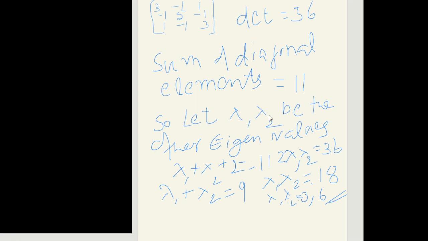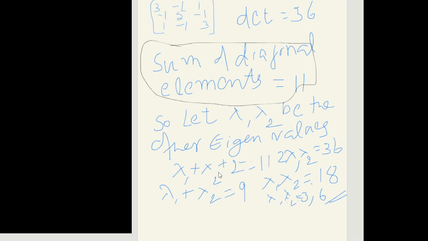We assume that lambda 1 and lambda 2 are the other two eigenvalues. Whenever you have eigenvalues and diagonal elements, this relation holds: the sum of the eigenvalues is the sum of the diagonal elements.